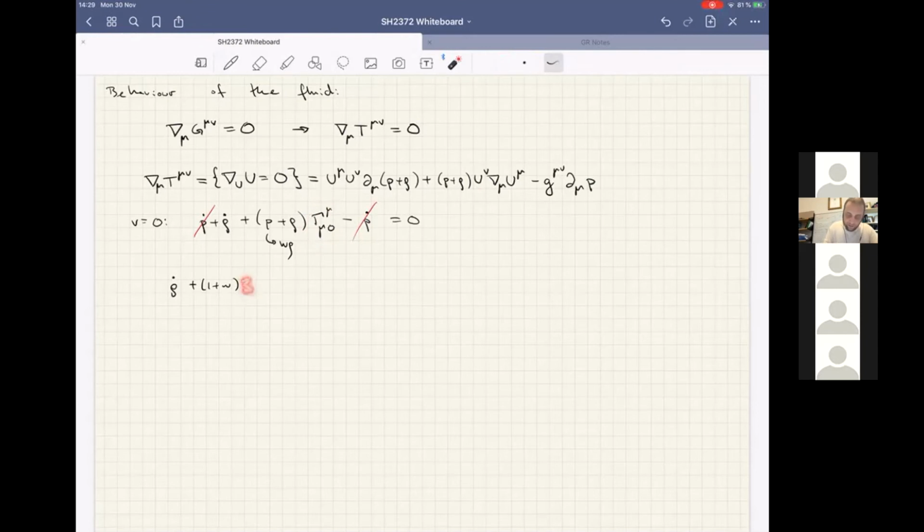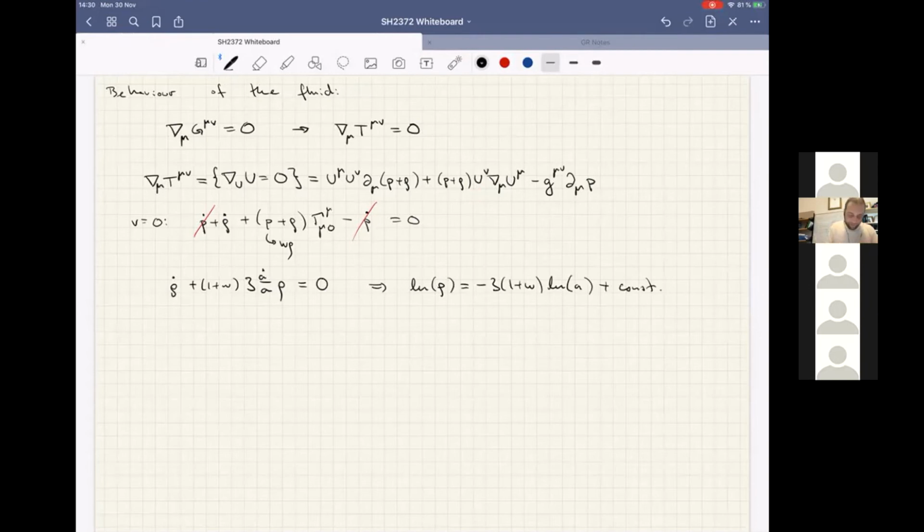What will come out of that is 3ȧ divided by a, the 3 because we have 3 spatial dimensions, and then ρ. So this is equal to 0. So this means that we can integrate this, and what is going to come out is that the logarithm of ρ is going to be equal to minus 3(1 + w) multiplied by the logarithm of the scale factor a plus a constant. It's a constant of integration.